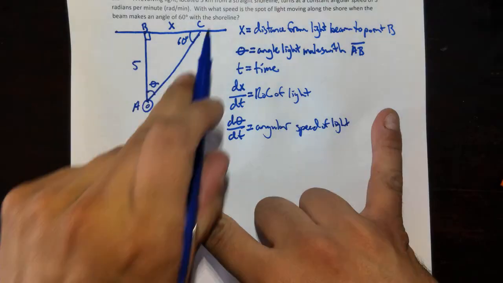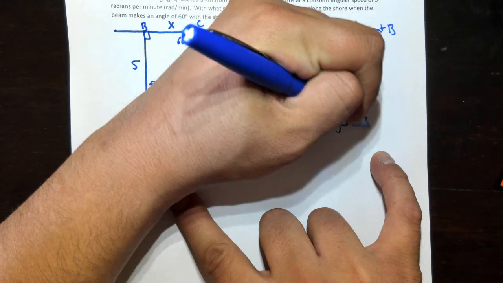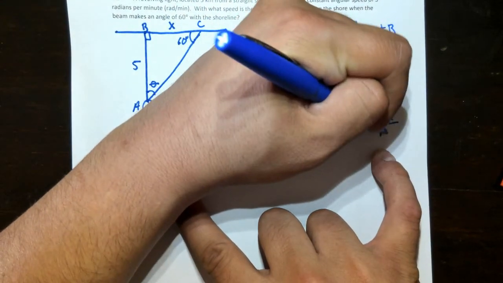I believe we're given that value. We're given the constant angular speed of 3 radians per minute. So d theta/dt equals 3 radians per minute. Okay.